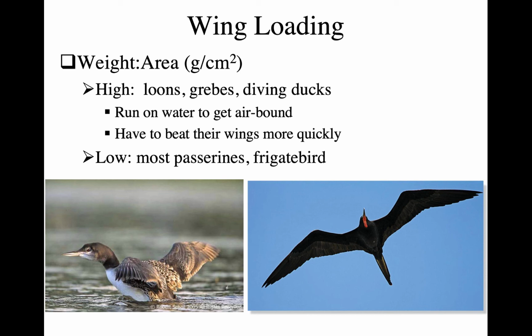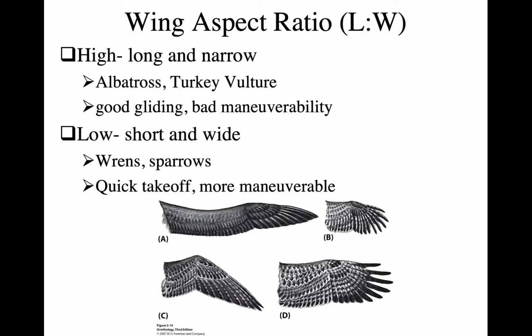So they can just take off pretty easily from a sitting situation by beating their wings, even if there's any wind in the area. This bird on the right here, this is a frigate bird. It's a pretty big bird, but it just has these massive wings, and so it's still able to maintain a relatively low wing loading.